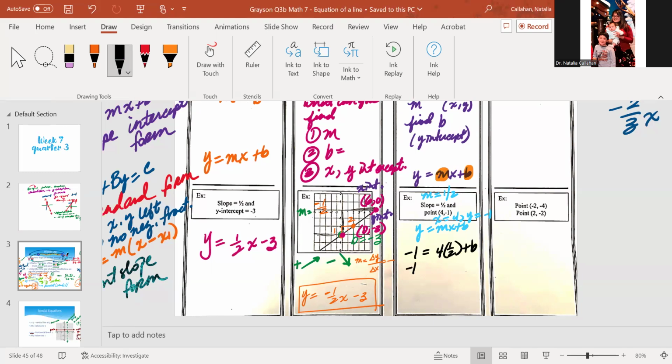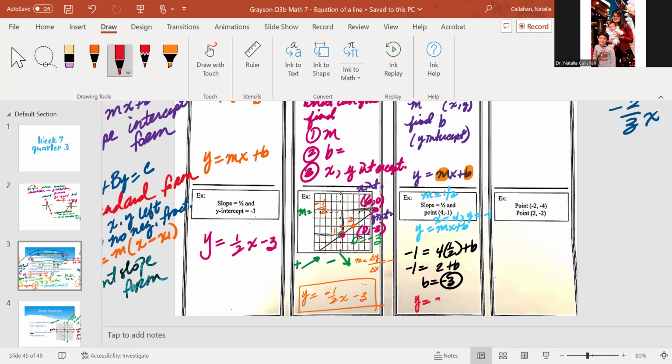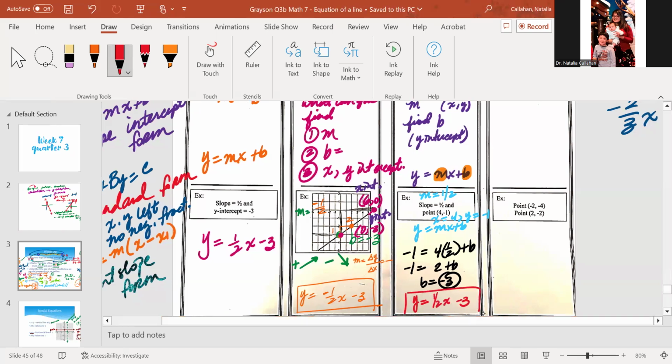What's your b? Okay, so my b is -3. Good. Now write your equation.